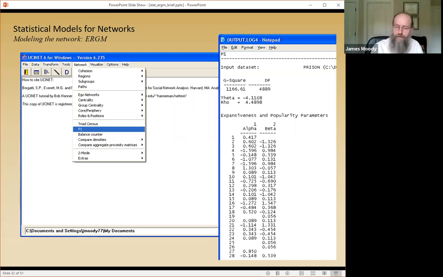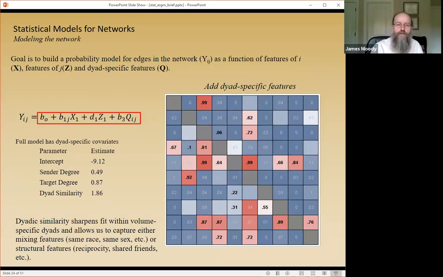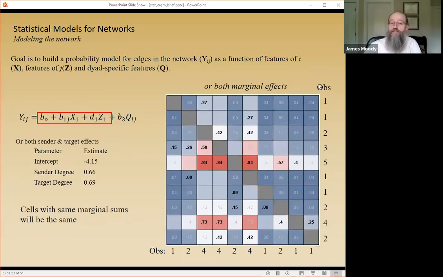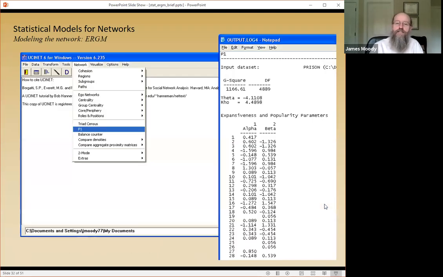The P1 and P2 models were this kind of row or column effect, but instead of having a characteristic like the degree, it literally just fit a parameter for each row and a parameter for each column. If you estimate these kinds of models, what you get out of the P1 model is an attractiveness coefficient and an expansiveness coefficient, which tells you how attractive a node is, like the improvement in the probability of nominating that column or that row sending a tie.